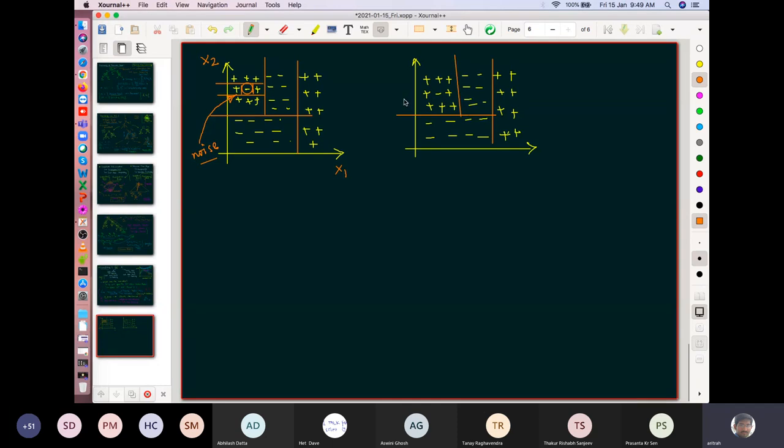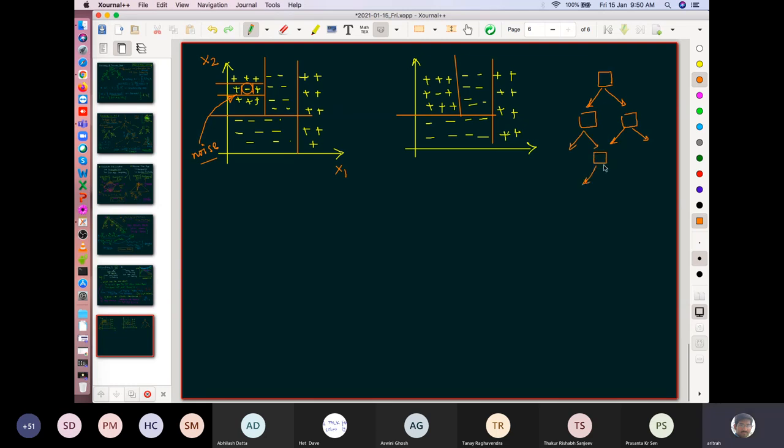Either while growing I stop splitting here, or maybe I split and make the depth, and later I remove some of the branching nodes from the lower depth and stay here. This is what we call reduced order pruning. Each split that you make will introduce a decision node in the tree.